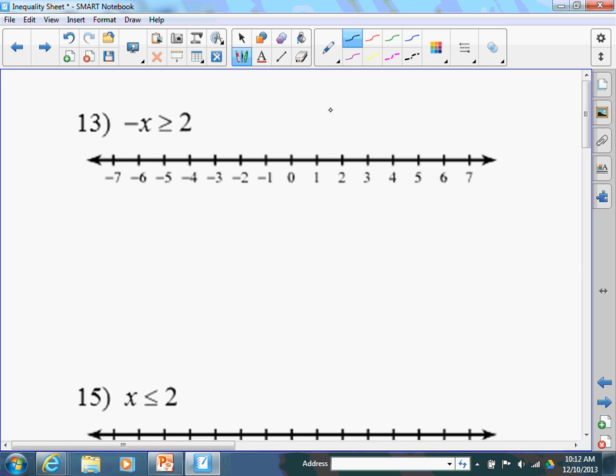Okay? So when we flip it, what's right here in front of this? An understood 1. And what's the opposite of multiplying by -1? Divided by -1, right? So when we flip that, it's going to be positive x, because it's the opposite.